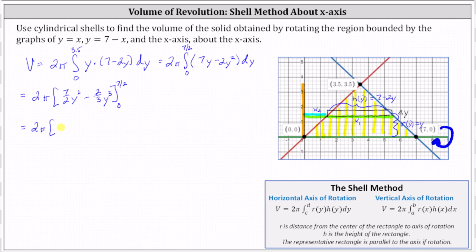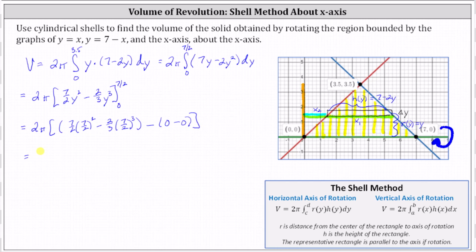Big F of 7 halves is equal to 7 halves times the square of 7 halves minus 2/3 times the cube of 7 halves, minus big F of 0, which is equal to 0.